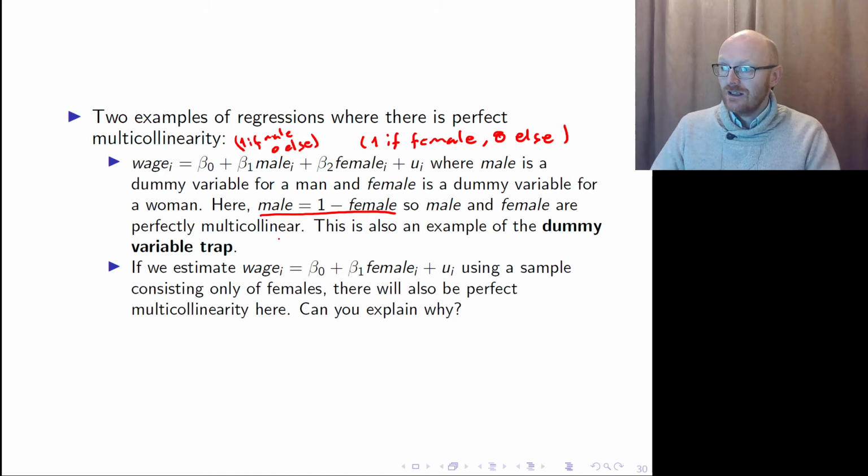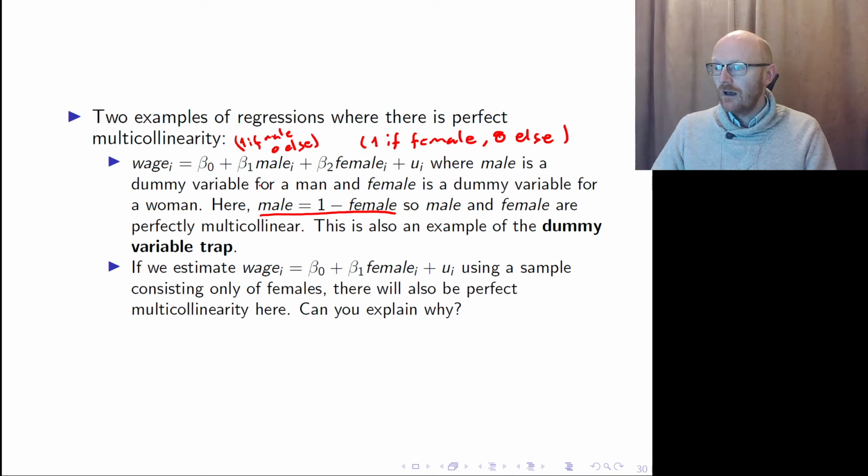...which is wrong, because you should have one less dummy variables than you have categories. So for example, if you have one category for each day of the week, 7 days a week, then you only need 6 dummy variables, okay?